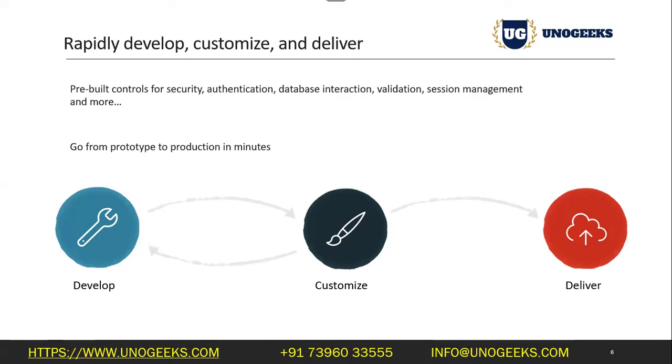Once you configure your Oracle Apex environment, it is automatically linked to the database schema, and pre-built security is applied automatically by Oracle, along with different kinds of authentication, some validations, and session management. Many things are automatically applied to the application.